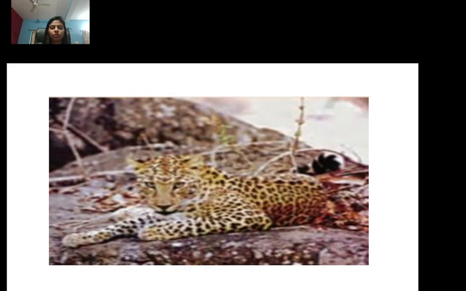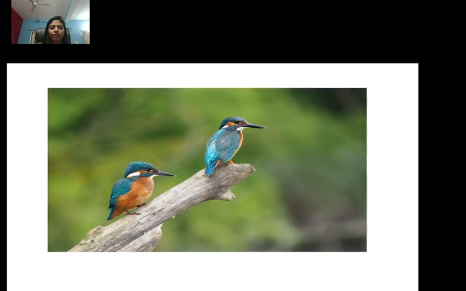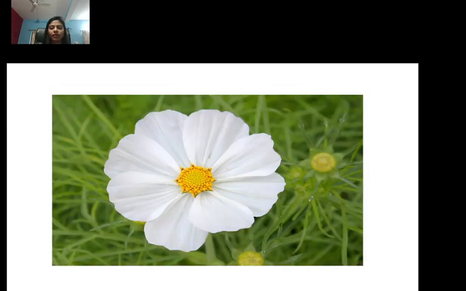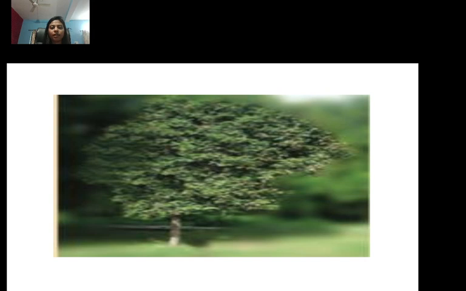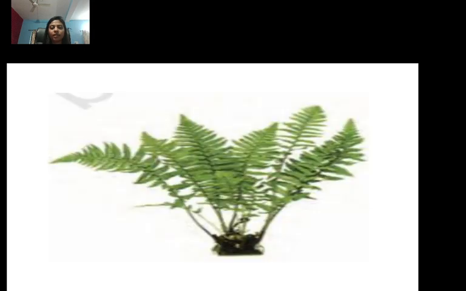This is a deer. So all these are examples. What do these images indicate? Yes, Praful, these all indicate that these are flora and fauna, right?